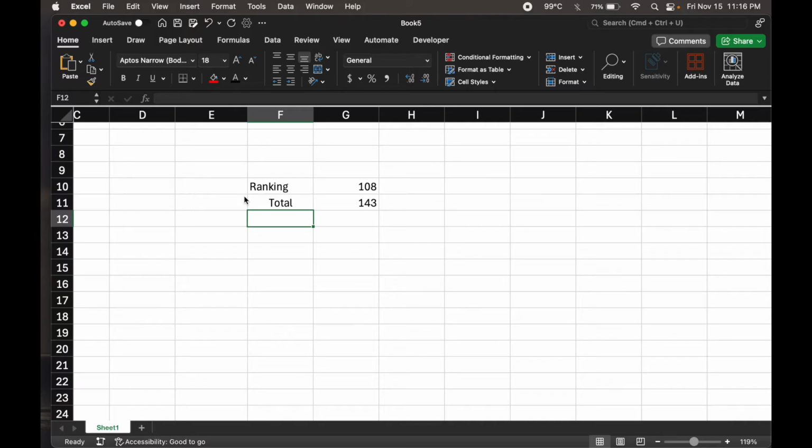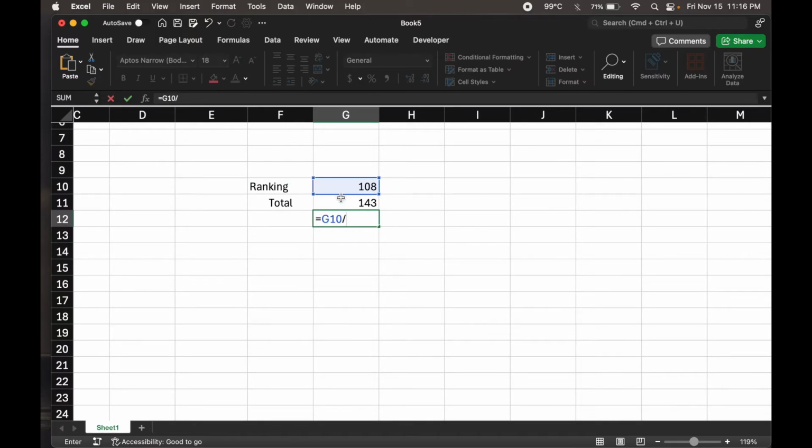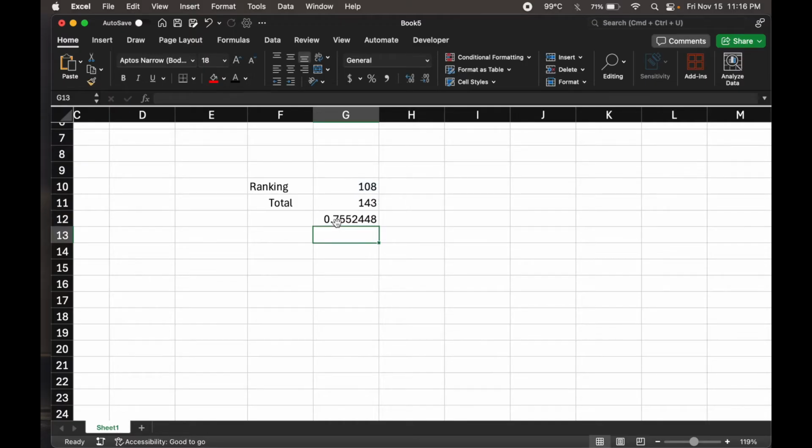But what is this number, right? In terms of this being total, it's at 0.75, right? So this is scaled from 0 to 1, right? 143 out of 143 would mean 1, 0 out of 143 would mean 0. So this is scaled between 0 to 1.